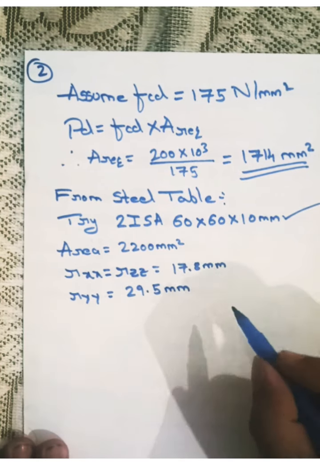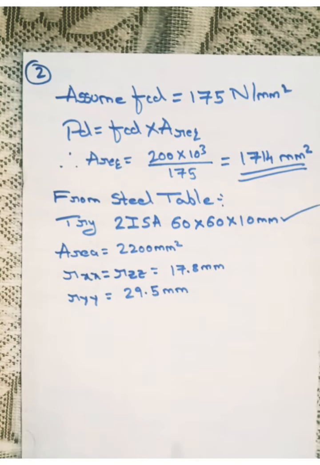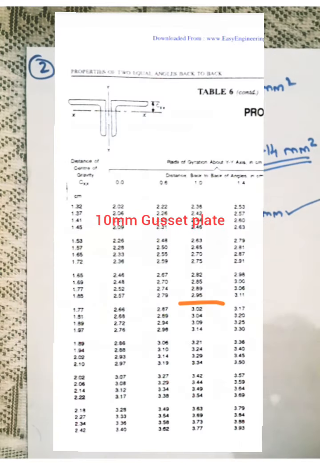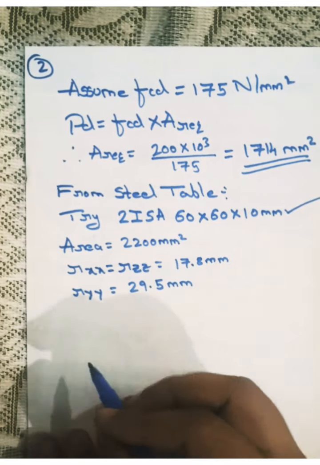So RXX here is 17.8 and RYY is 29.5 mm. Next we need to find the effective length.